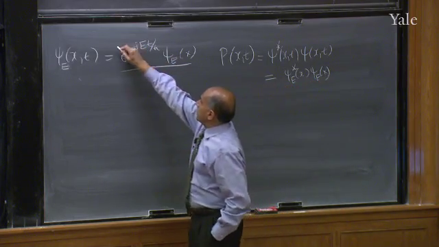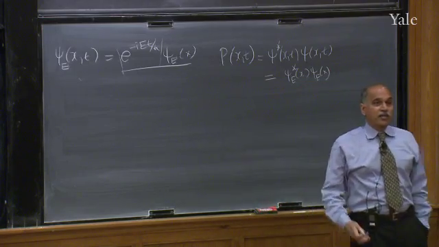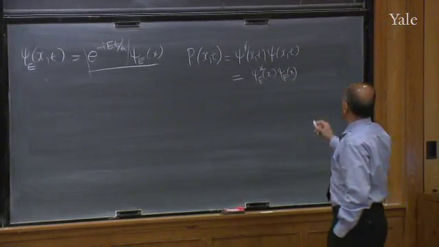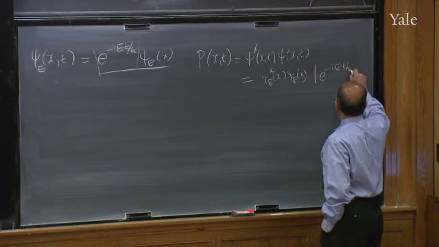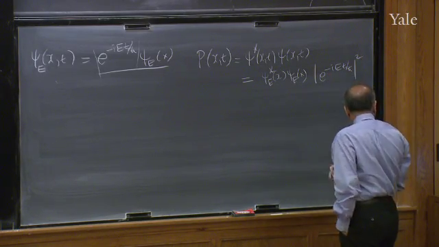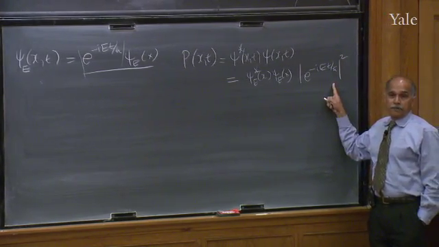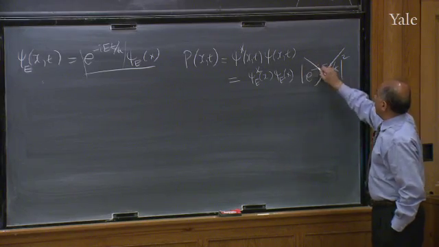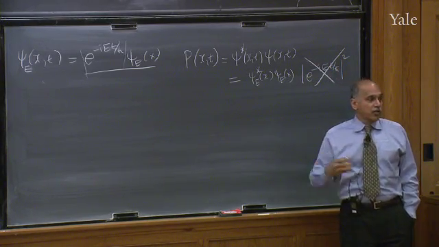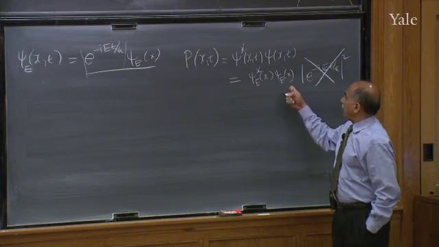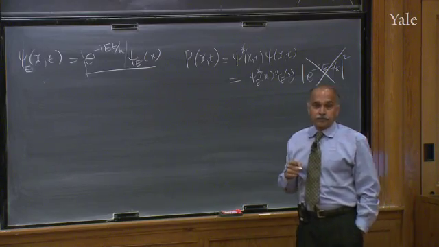Then you will get the absolute value of this guy squared, e to the iEt times e to the minus iEt, and that's just 1. I hope all of you know that this e to the i theta, absolute value squared, is 1. So it does not depend on time. Even though psi depends on time, psi star psi has no time dependence. That means the probability for finding that particle will not change with time.